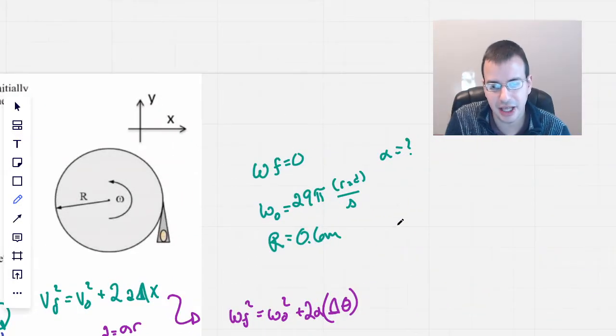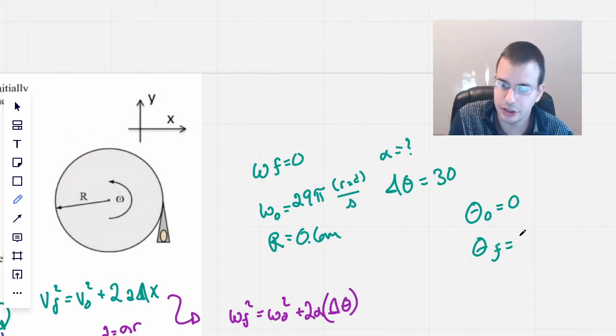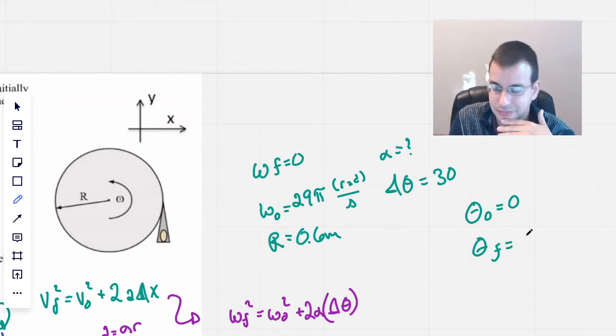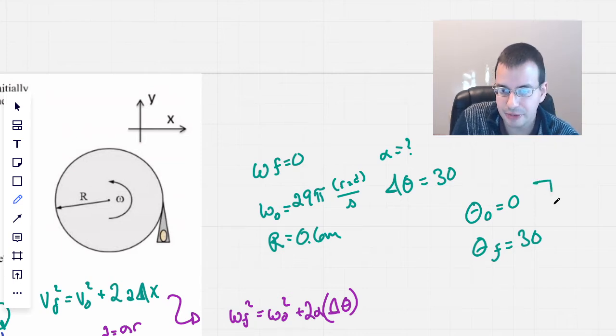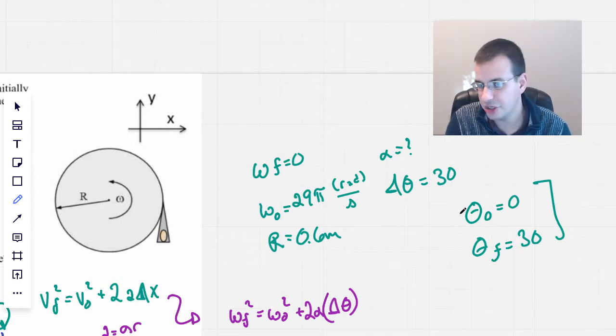So I'm going to say then that delta theta equals 30. We could say that theta initial equals 0, theta final equals 30. But all that information really is telling us is that theta final is 30 greater than theta initial, and that means that delta theta will always be 30.